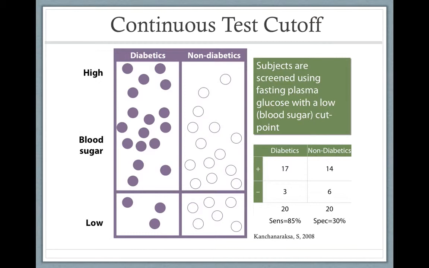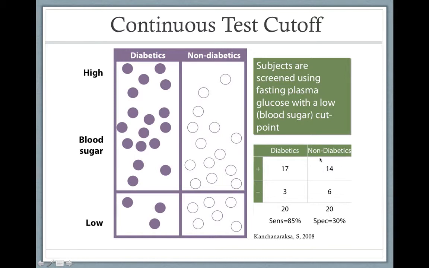So if you look at our table on the right, there's 17 diabetics and 20 total people. So we have a very high sensitivity based on a low cutoff. Whereas on the right-hand side, in the non-diabetics, we have identified a lot of non-diabetics as diabetics.